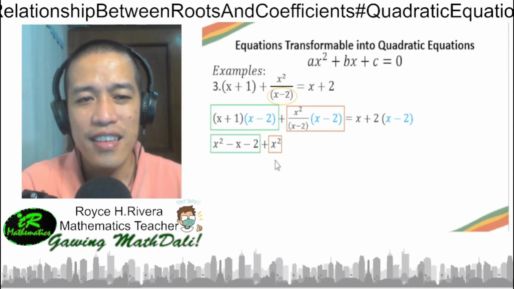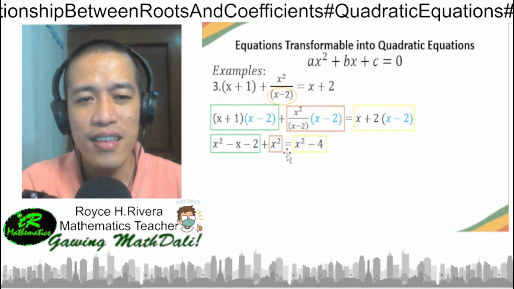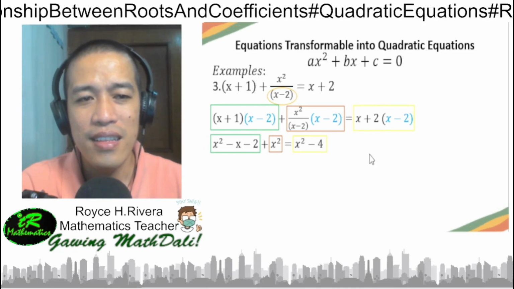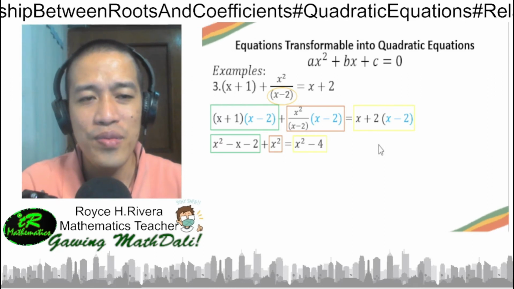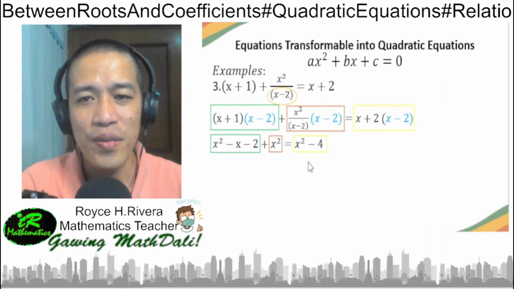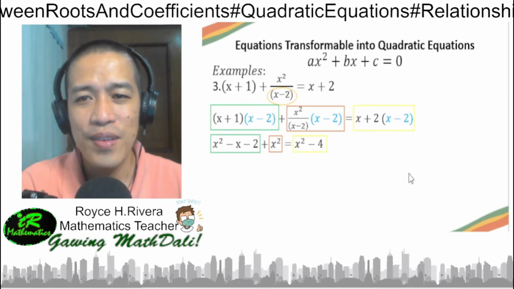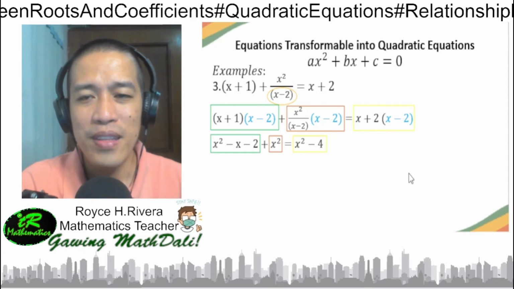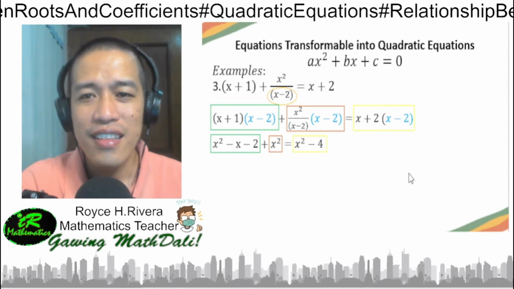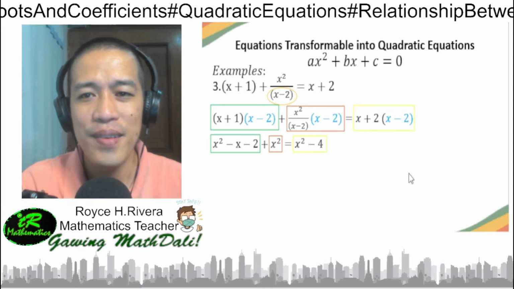Then, the last part, the right side of the equation, equals the product of x plus 2 and x minus 2, which is x squared minus 4. So we are done multiplying the denominator x minus 2 to both sides of the equation.